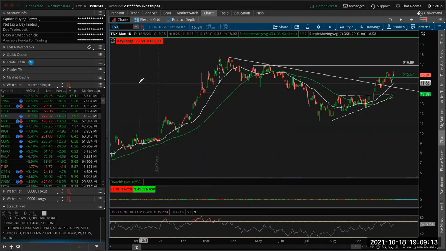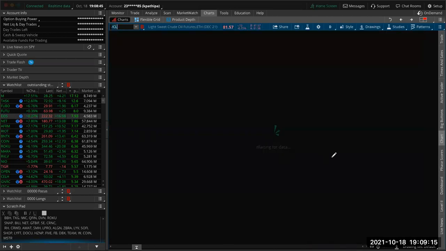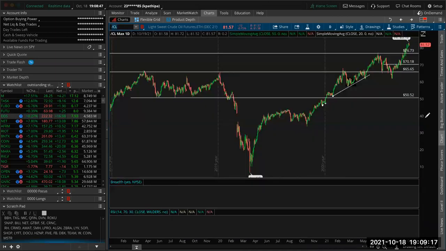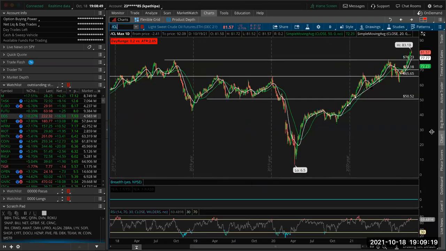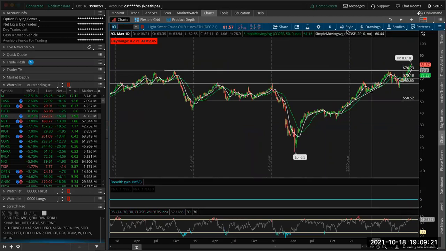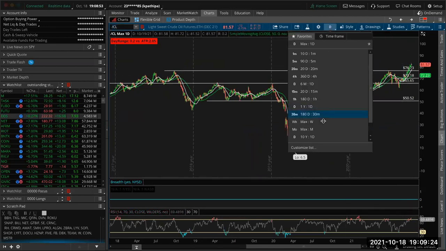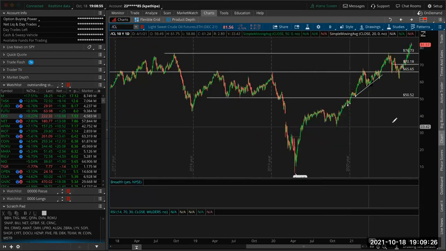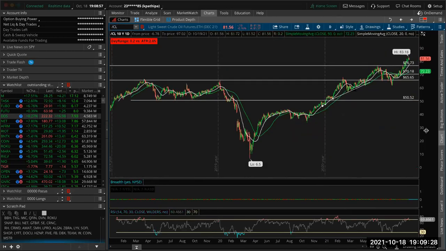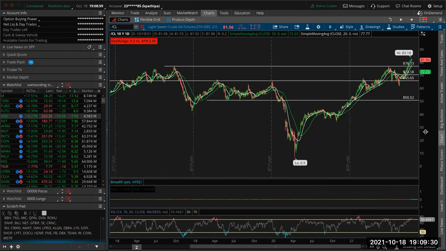I would also watch oil. If this moves much higher, if this goes to 100, we'll probably see problems again. What I'm mostly looking at is the leaders. How are the leaders doing?